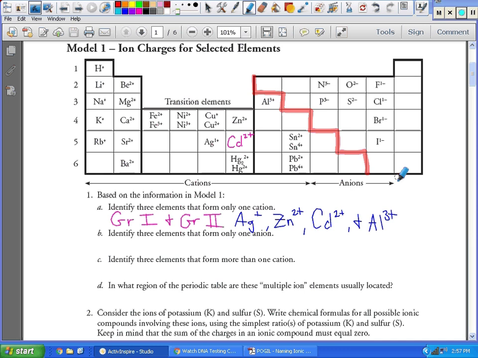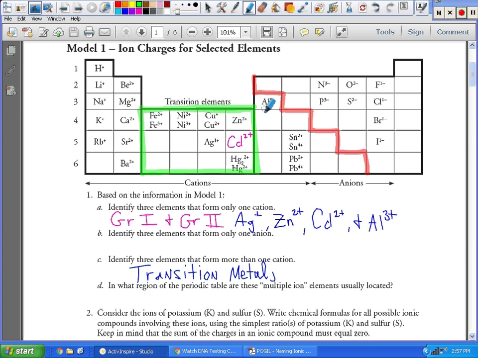Okay, here's what I want you to write somewhere in this if you didn't write it. Transition metals. So here's what I want you to notice. What's inside of that green box? All your transition metals. Now, the question that was just asked is identify 3 elements that form more than one cation.